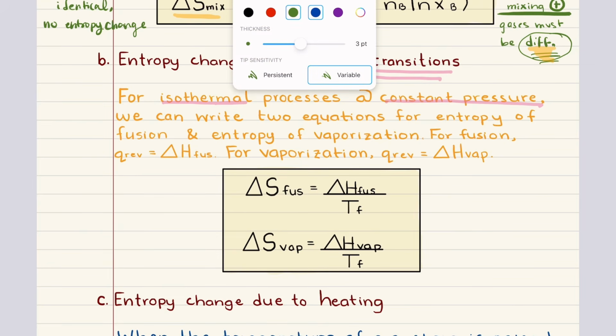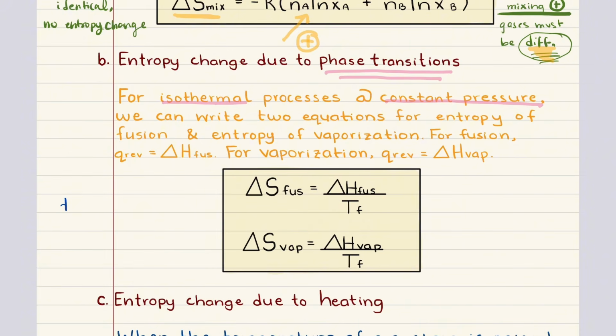Remember that the general definition is dS equals dq reversible divided by T. At constant pressure, the heat that's absorbed during a reversible phase change is equal to the enthalpy change of that transition. So for fusion or melting, the reversible heat is equal to delta H fusion, which is the enthalpy of fusion.